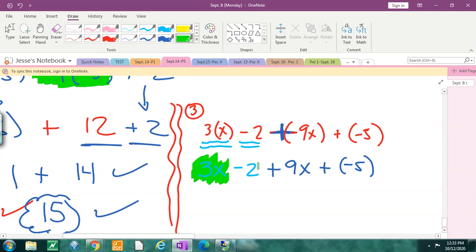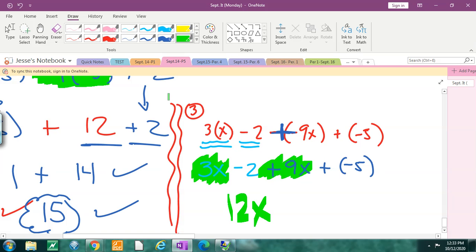The 9, yeah, because it has an x. So 3x plus 9x is, that's easy, right? 3 plus 9 is 12x. See that? Very good. Good job. You got it right.